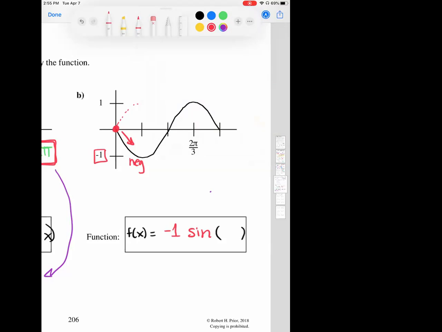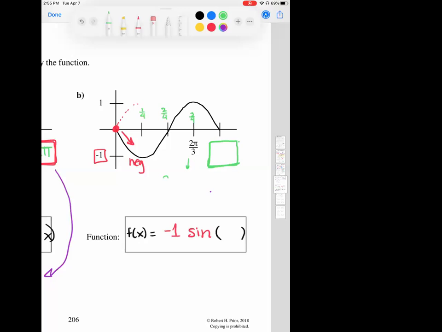Now I need to find that last number because that will let me know my period. So we know our graph is split up into 4. I have 1/4, 2/4, 3/4, and our last piece, 4/4, will complete one whole cycle. I have at the 3/4 mark 2 pi over 3.